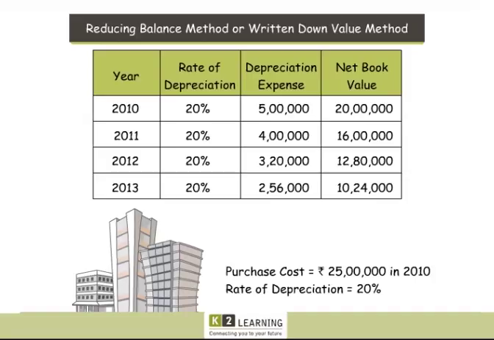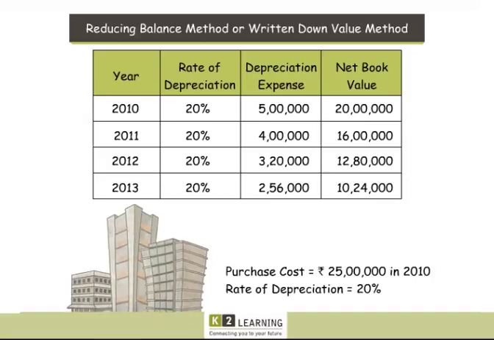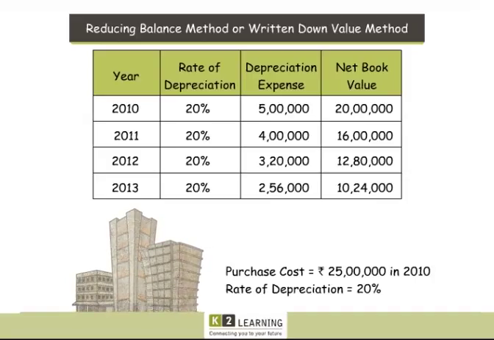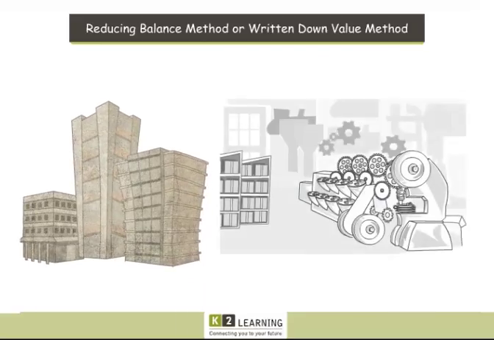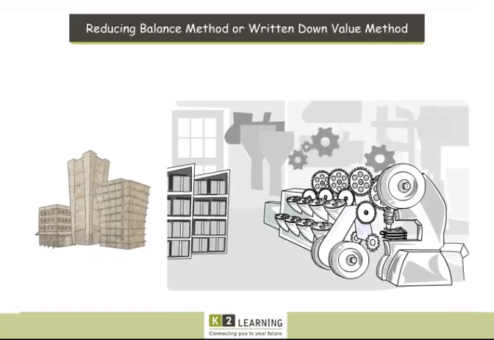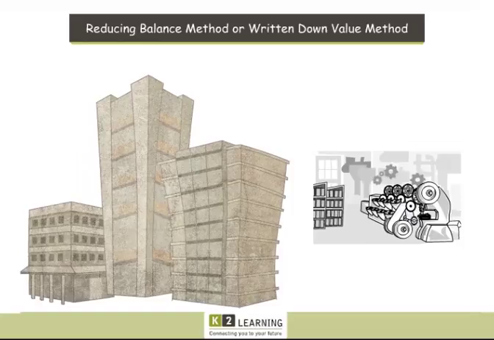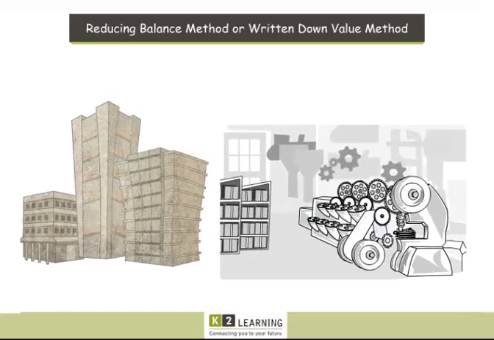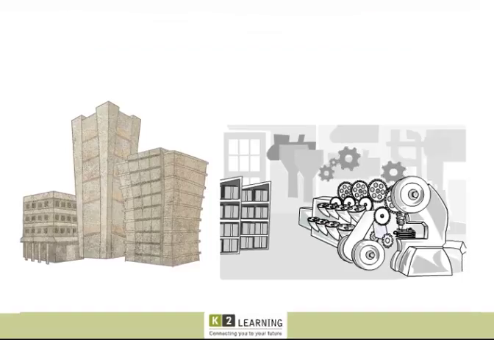This method is logical in the sense that as the asset grows older, the amount of depreciation also goes on decreasing. This method is suitable for assets like plant and machinery and buildings, in which the number of repairs and renewals goes on increasing as the assets get older.